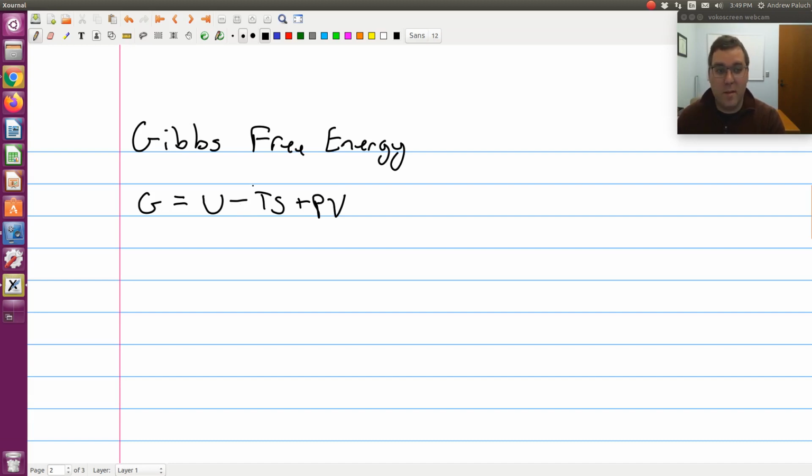Here I've written it as my molar Gibbs free energy, once again defined only in terms of the fundamental thermodynamic quantities U, T, S, P, and V. So I've defined G in the context of my five fundamental quantities. Again, molar Gibbs free energy. Cool.